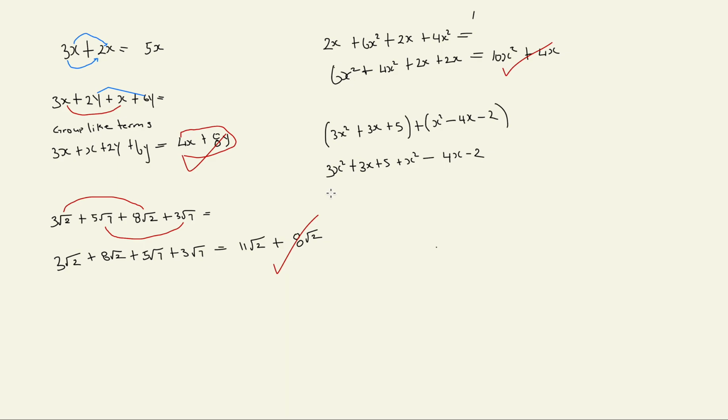Now we group like terms. So we say 3x squared plus x squared plus 3x minus 4x plus 5 minus 2. 3x squared plus x squared is 4x squared. 3x minus 4x, that is minus x. 5 minus 2 is positive 3.